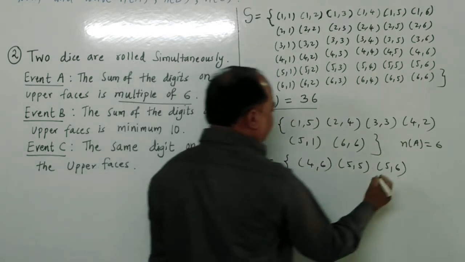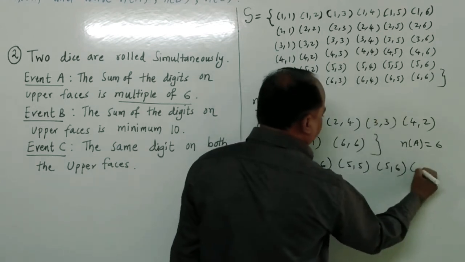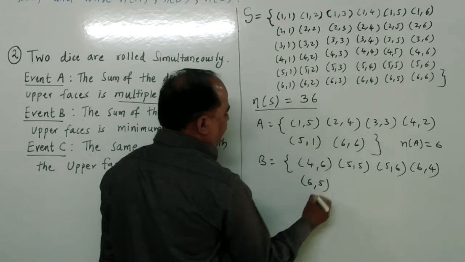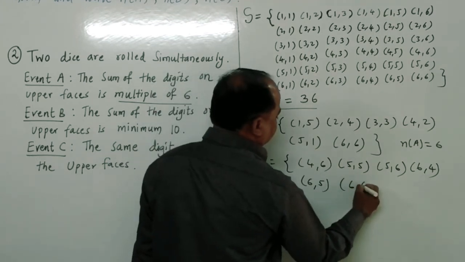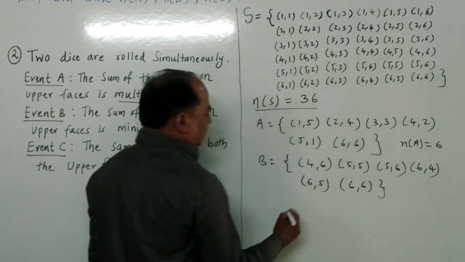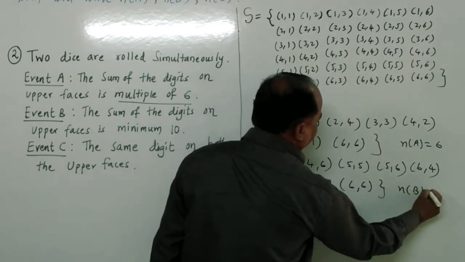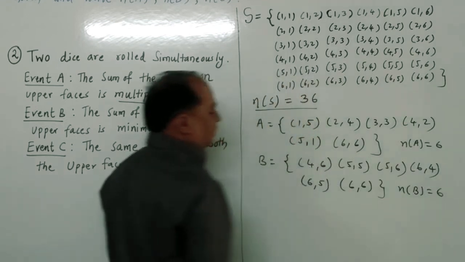So (5,6) is 11, it should not be less than 10, and (6,4) is 10, (6,5) and (6,6). So in all there are 6 elements in event B.